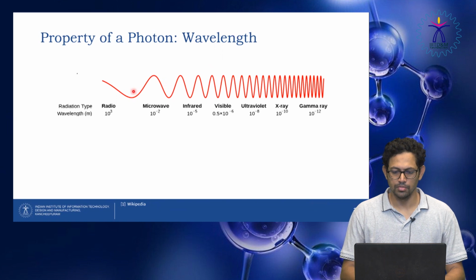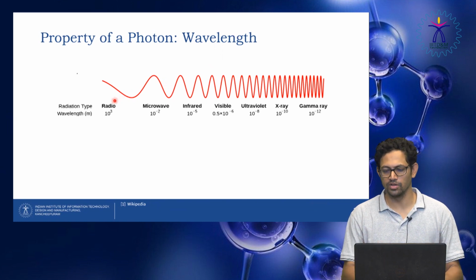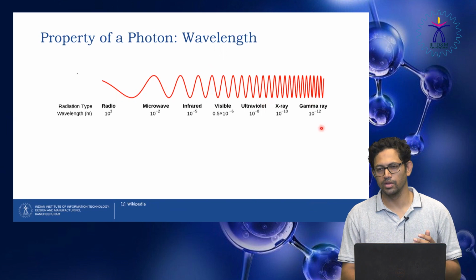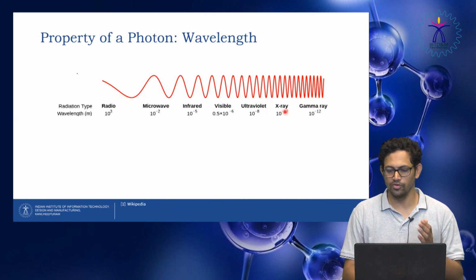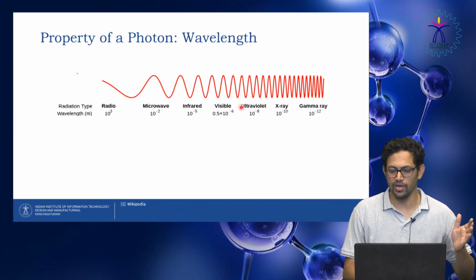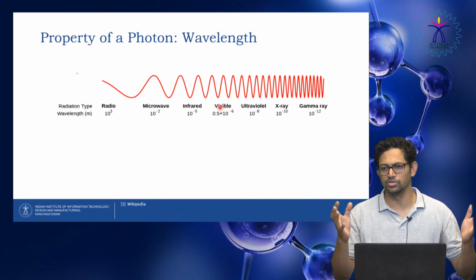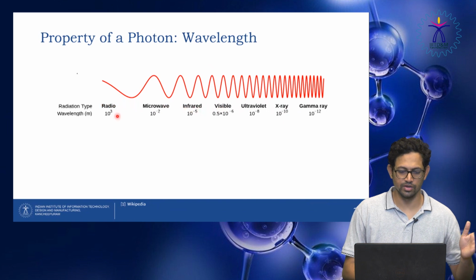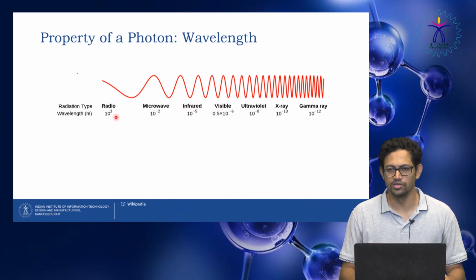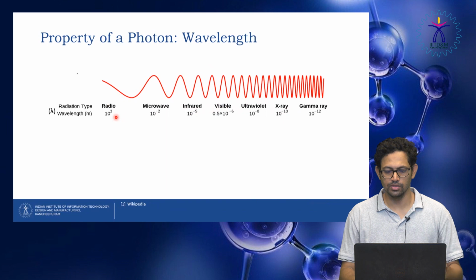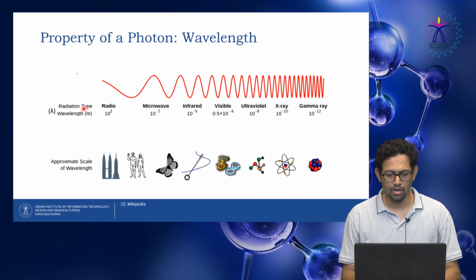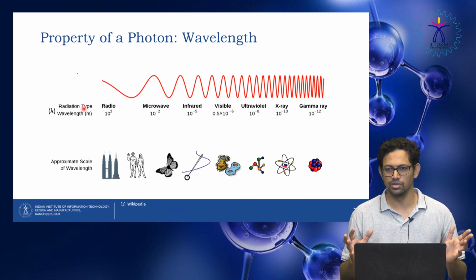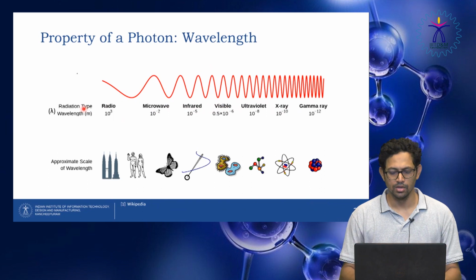Fine. So for different electromagnetic waves, we start with gamma rays, which have a very low wavelength, and as we go towards X-ray, ultraviolet, visible, which is what we are actually seeing right now, infrared, microwave, and radio waves, which is like 10 power 3 meters. It's huge.